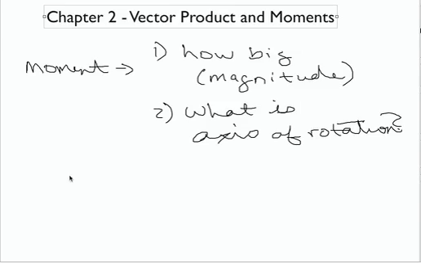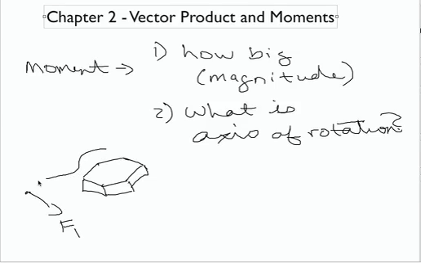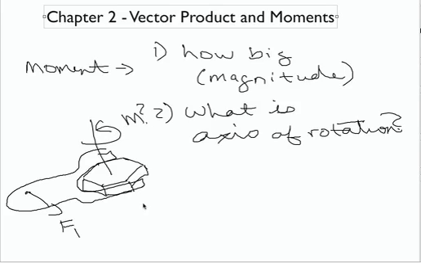We have our bolt here. Here's our bolt. And when we apply our force, our moment, our force due to a wrench, we know that we want it to rotate about that axis, and we want to know some sort of magnitude. So how do we do that?